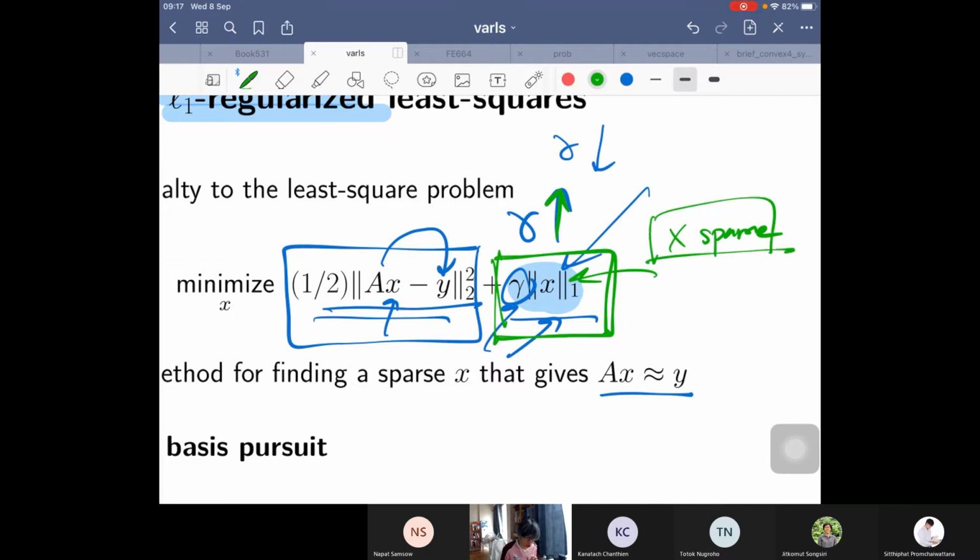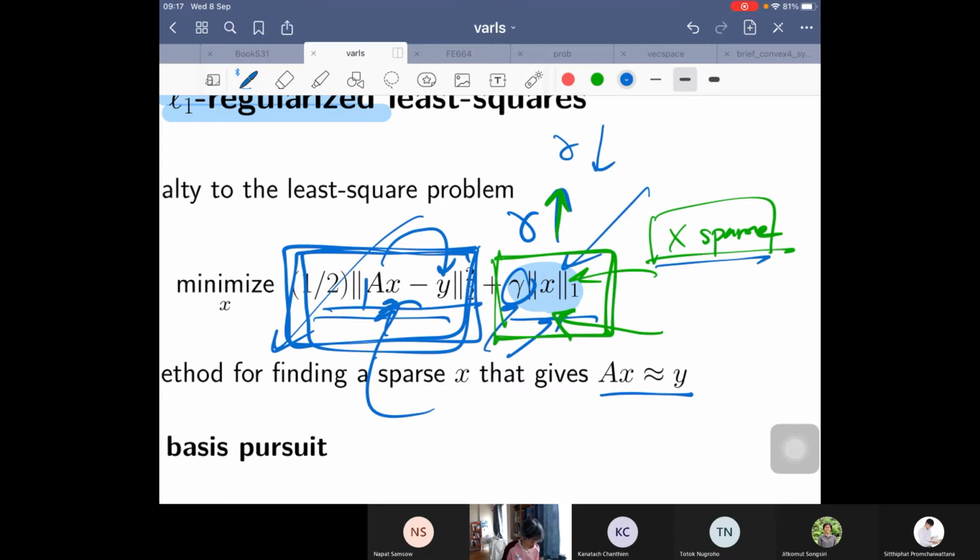When x is sparse, of course, you gain a very compact representation and use a smaller number of parameters, but at the same time you trade off the cost objective, meaning Ax approximating y is going to introduce a large error, because now you use a sparse x.